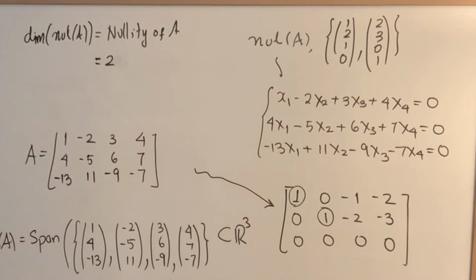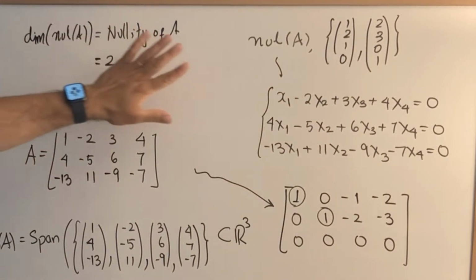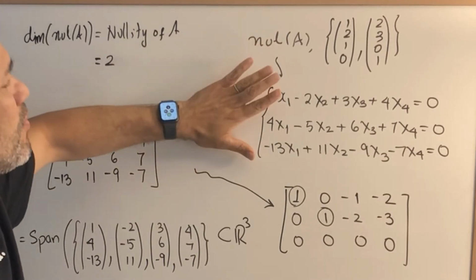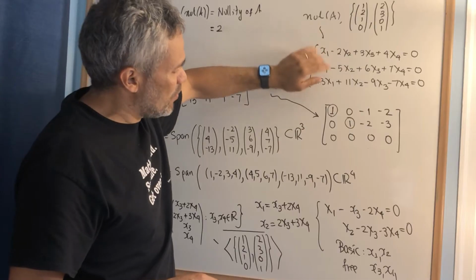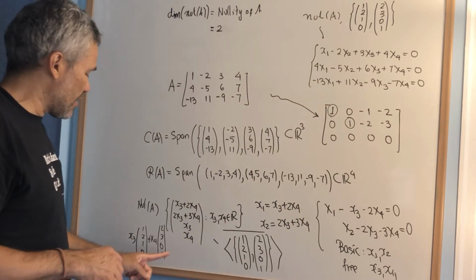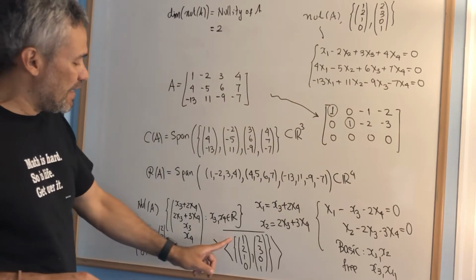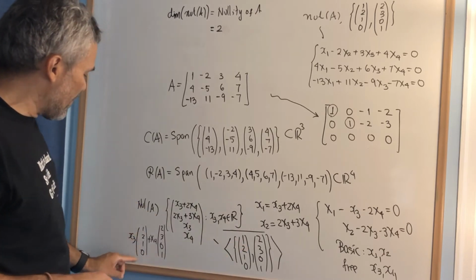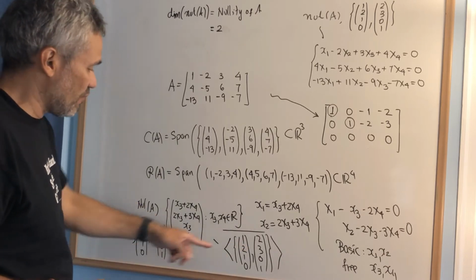Then we have that the nullity is 2. That means that the process of finding the null of A, we already know it. Essentially, we solve the system, and the dimension is going to be the number of free variables, and the basis is going to be given by those vectors that were called generator vectors.